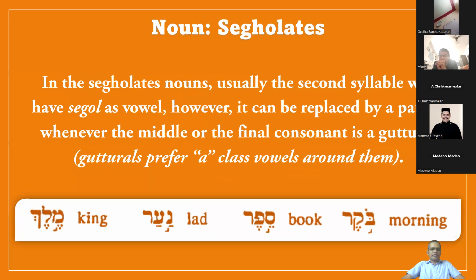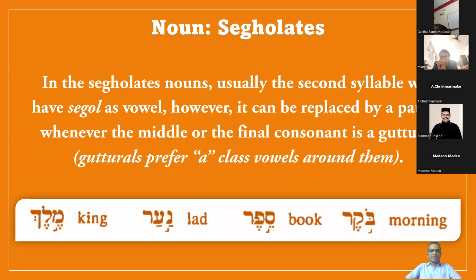Melek. This is a typical example for a segolate. The initial syllable is accented and carries segol, and the second syllable is carrying segol. Next example, Nar.